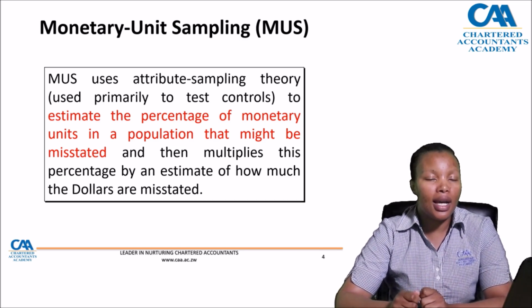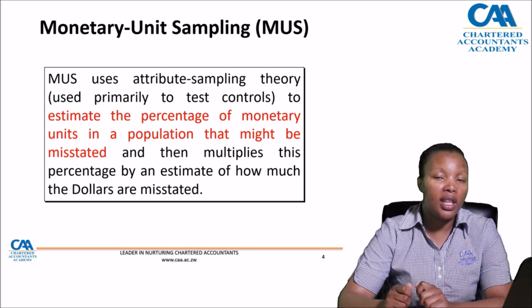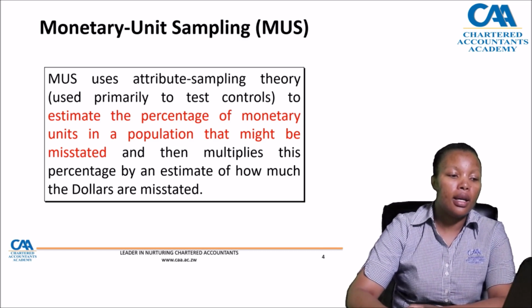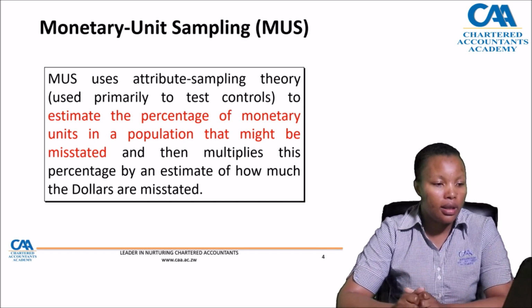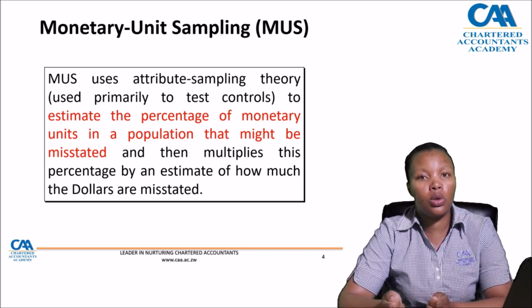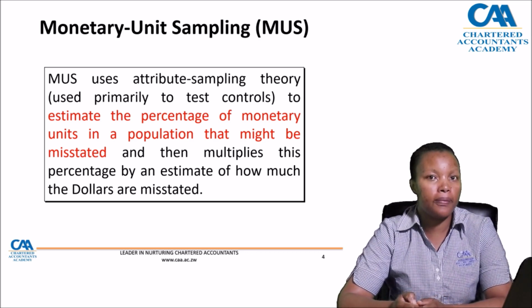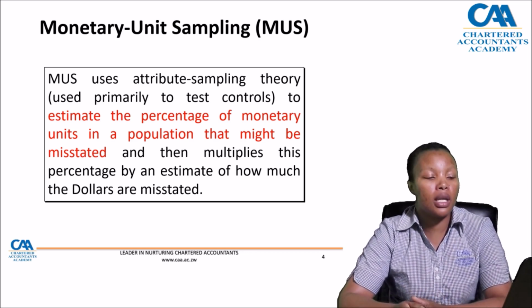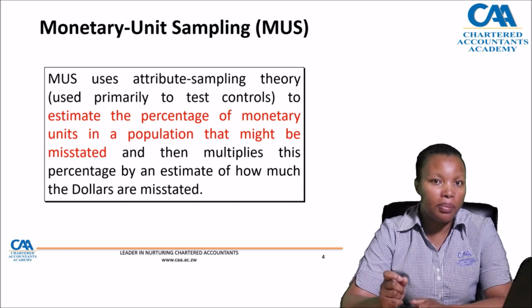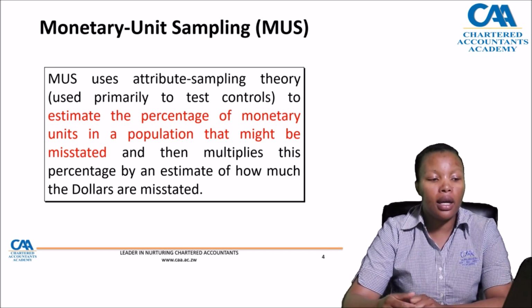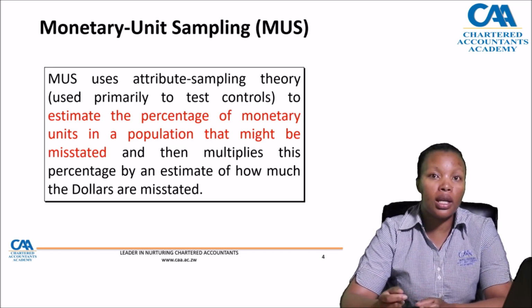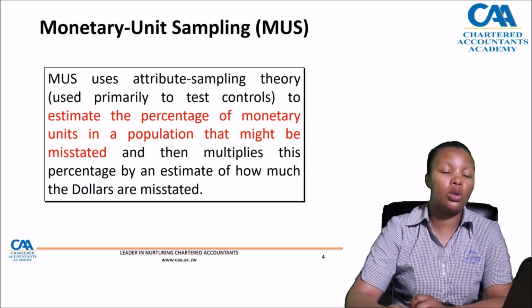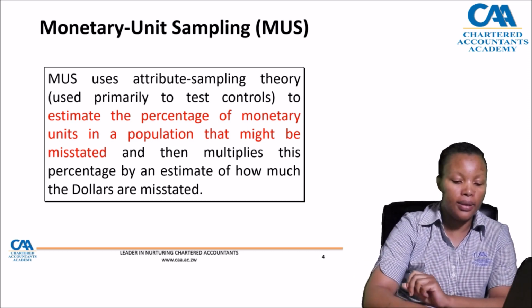And then what monetary unit sampling does, after testing the monetary units in the population for misstatements, is multiply the percentage by an estimate of how many dollars, or whatever currency you're using, are actually misstated.